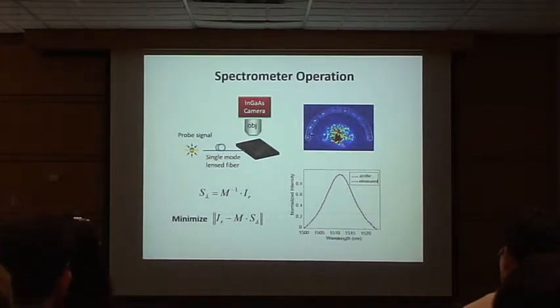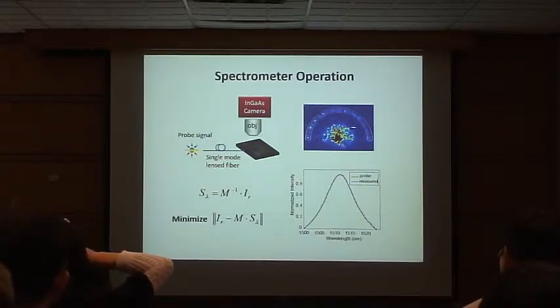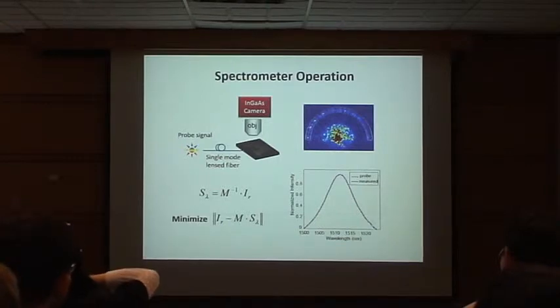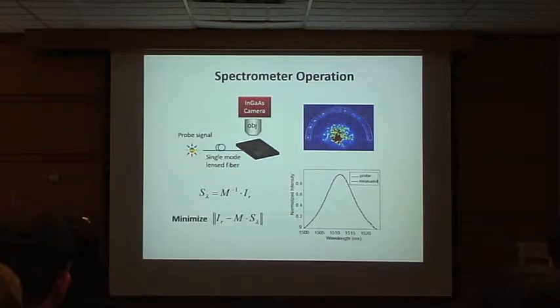We measure the intensity distribution around the detector array, and then we can invert it to get the spectrum. This inverse has some issues, but there are a lot of techniques people have tried to minimize the difference between the spectrum and this measurement. That can be done very fast using a MATLAB program. So we can recover this different spectrum.